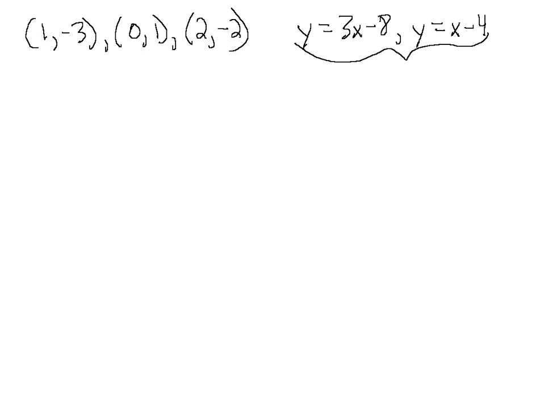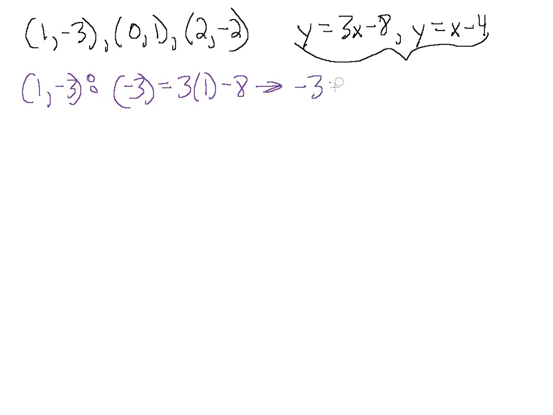So let's go ahead and plug in each ordered pair one at a time into both equations. Let's try the first one, (1, -3). Let's plug it into one equation at a time. We have this one first. We have -3 equals 3 times 1 minus 8. Let's go ahead and solve that.